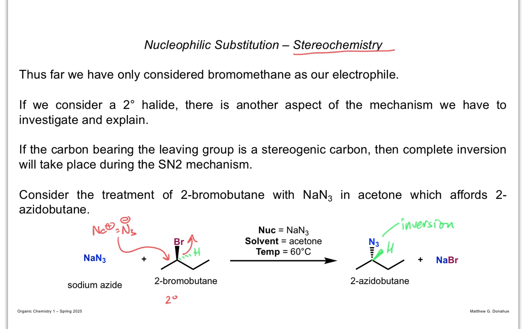So again, the main thing is that the lone pair has to come in at 180 degrees from the leaving group due to the location of that sigma star orbital.